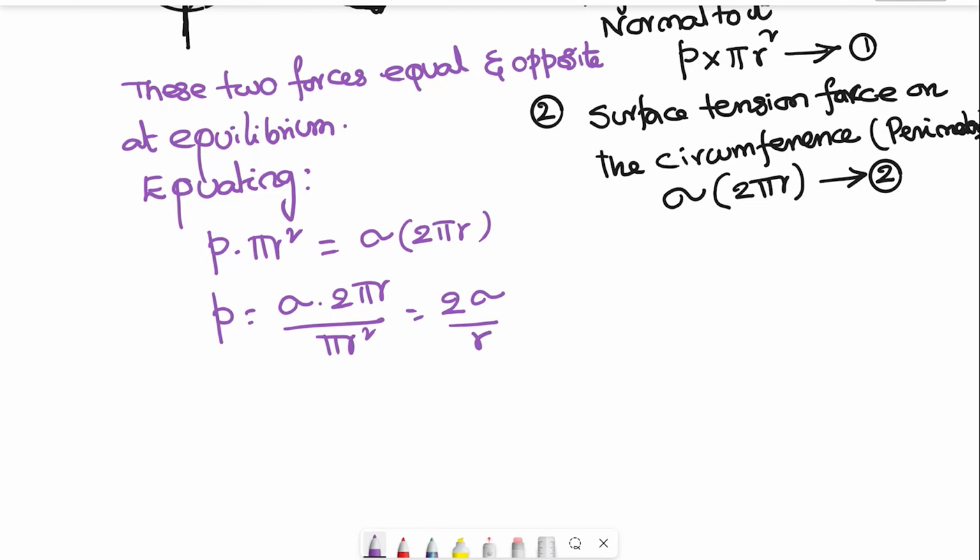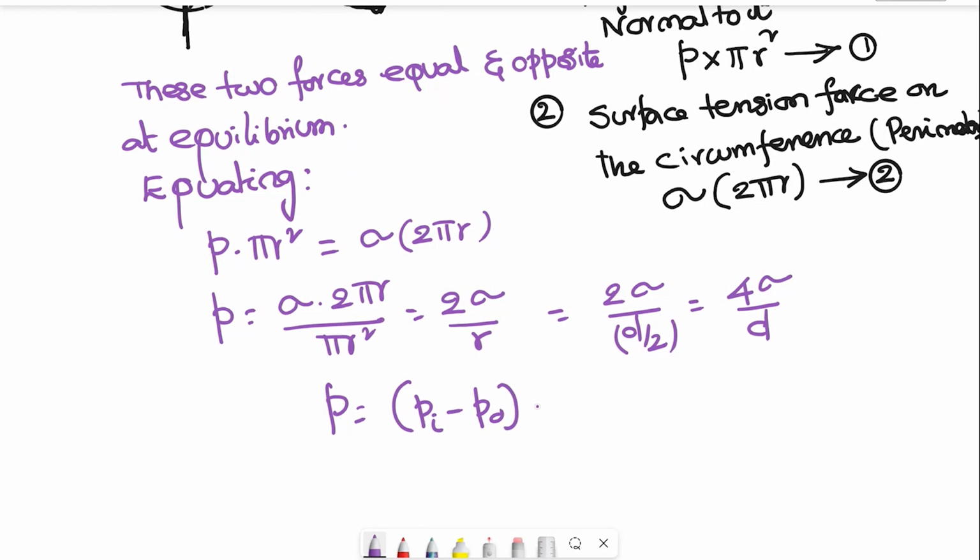If you want to express it in terms of diameter, r is d by 2, so it is 4 sigma by d. This P is the excess pressure inside, that means internal pressure minus outside pressure. So P is equal to 2 sigma by r, or 4 sigma by d.